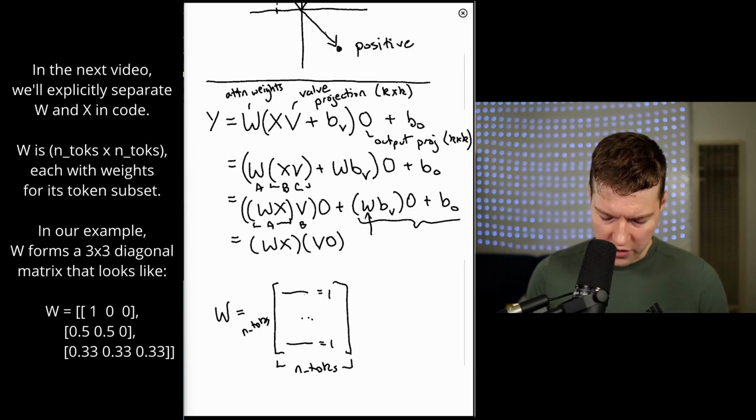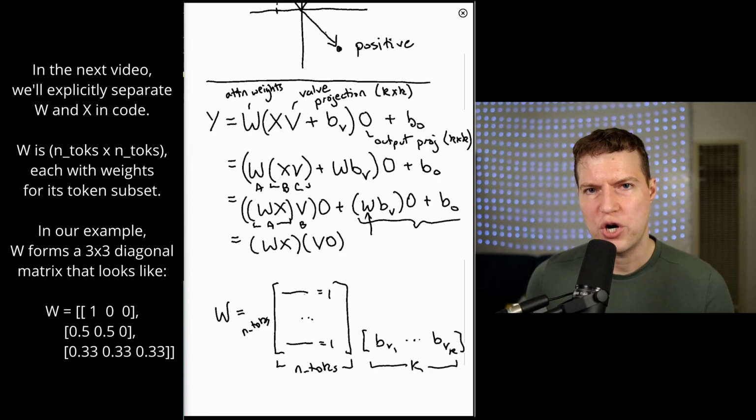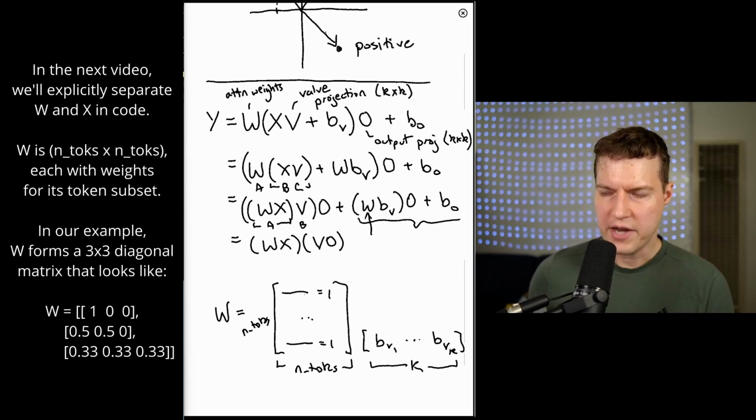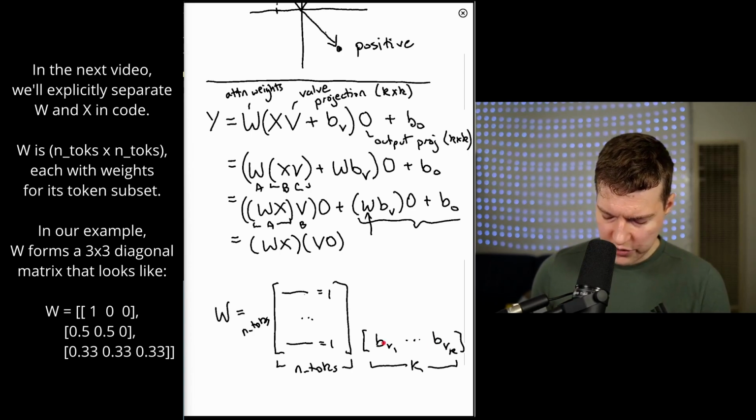And so then, we're doing a matrix multiply here by BV. So we have BV1 all the way up to BVK, because we have K of these, one per channel. Now, when we do this matrix multiply, these don't exactly match up, right? But we're going to apply these biases.